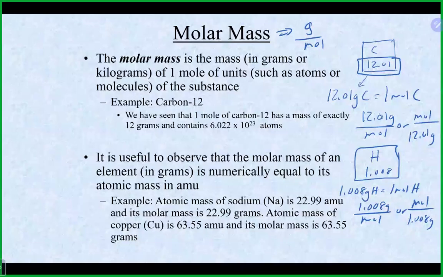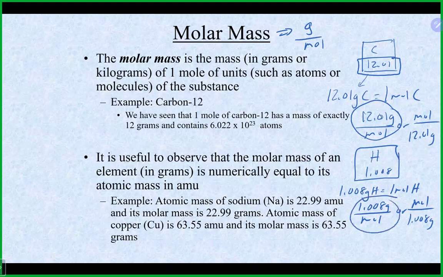If you were asked what is the molar mass of carbon, you would write it this way with the grams on top per mole. And if you were asked what the molar mass of hydrogen is, you would also write it like this. By the way, we could do molar mass for things that are not just elements, but are molecules or compounds. So if you had water, you basically would go to the periodic table and just add up all the parts.